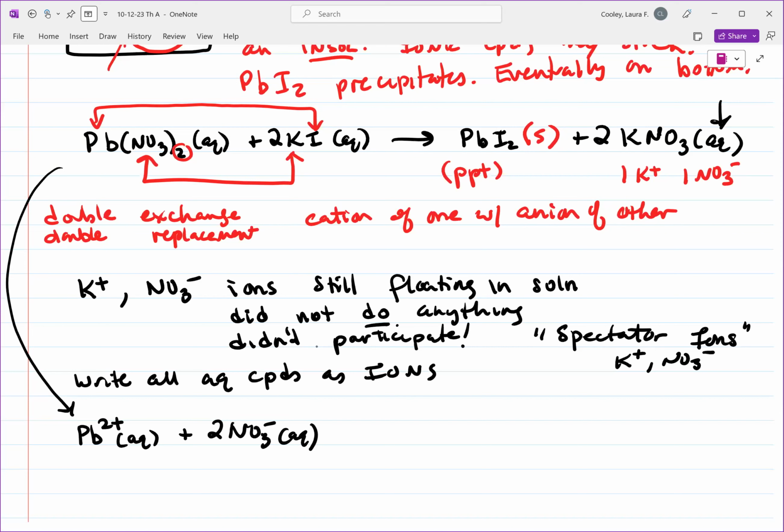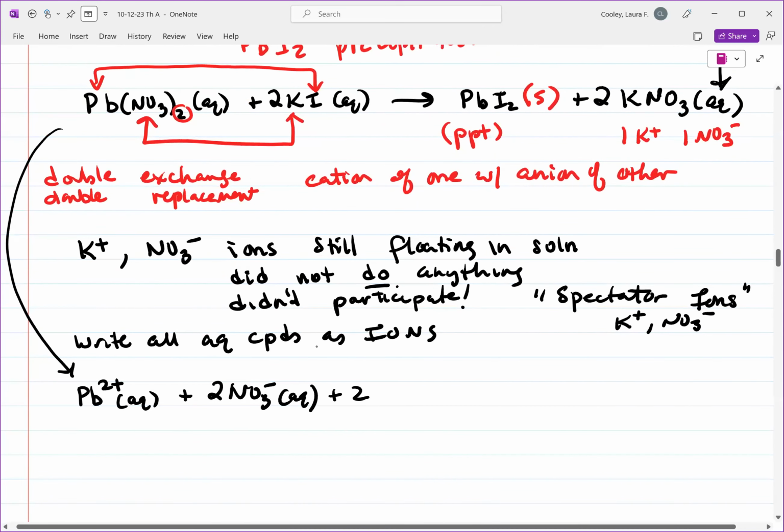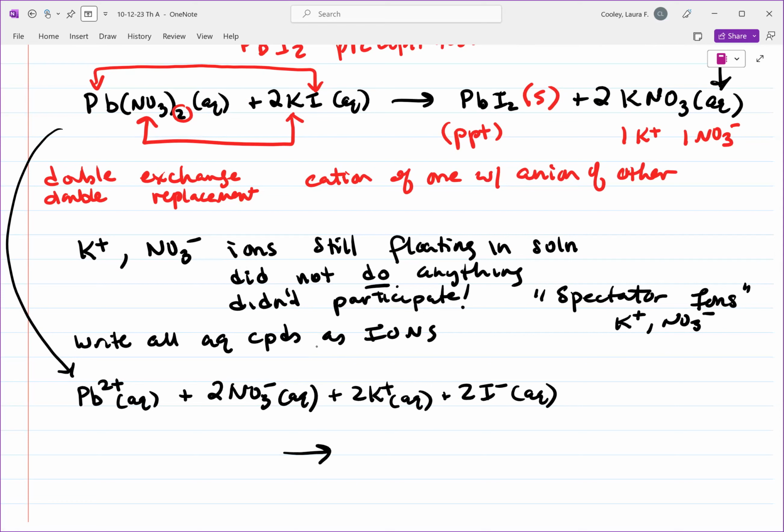Like all the aqueous compounds, I can just write them as the ions that they are. Okay, plus 2K plus aqueous plus 2 iodide aqueous. Doesn't look any easier, does it? Because notice I have to realize that the 2 goes with both of those, right?